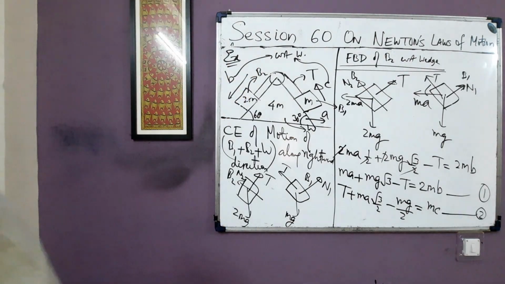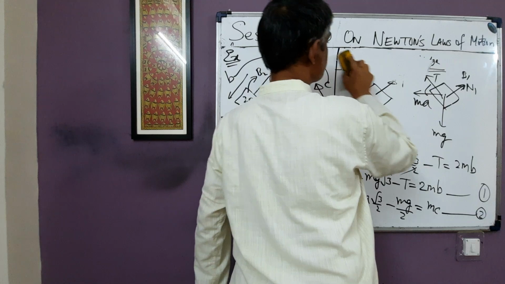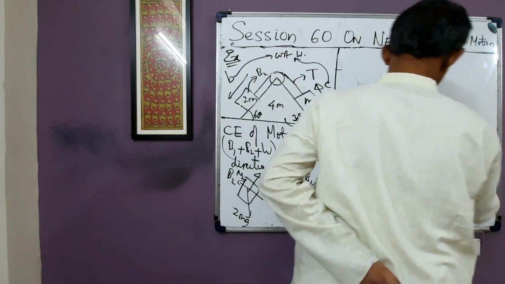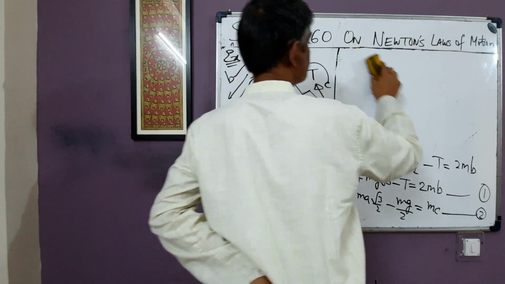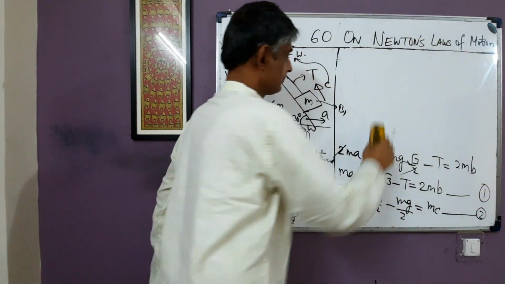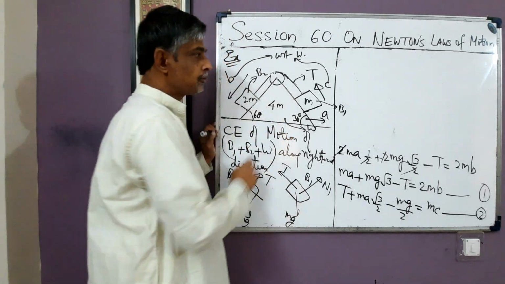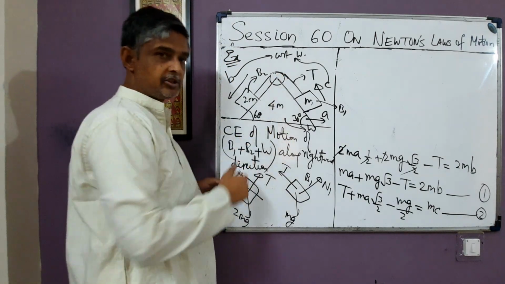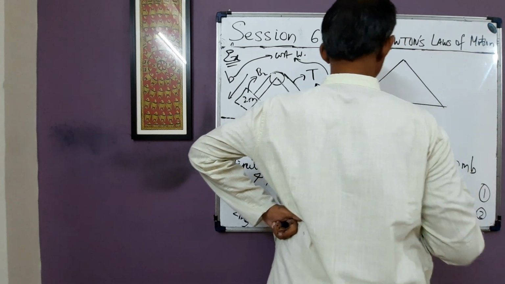Now draw the free body of wedge with respect to ground, considering this pulley to be part of the wedge. So see, this is the wedge 4M.